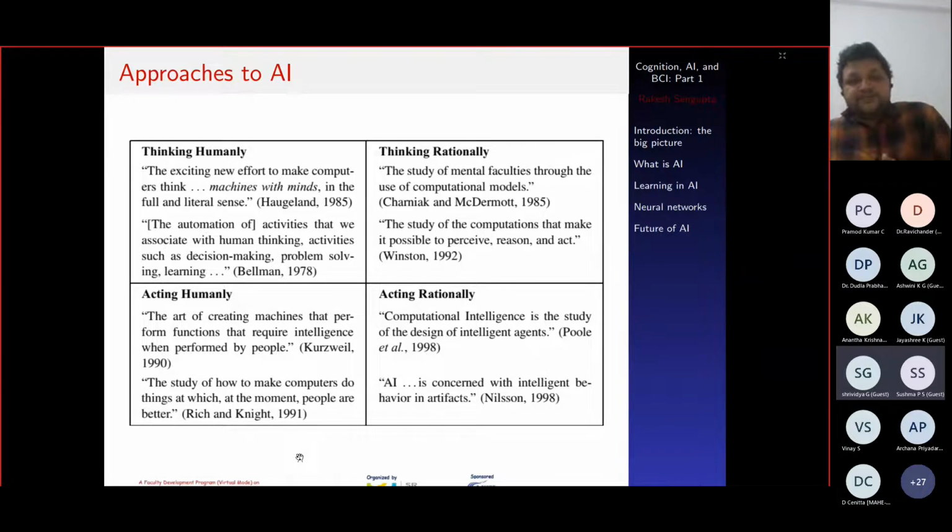To think of it, when we talk about humanly versus rationally, if I now ask you very simply, what is your favorite color? All of you will have something to say about it. How are we able to do that? How are we able to prioritize, give relevance to something like wavelengths of light? They should all be the same to us.